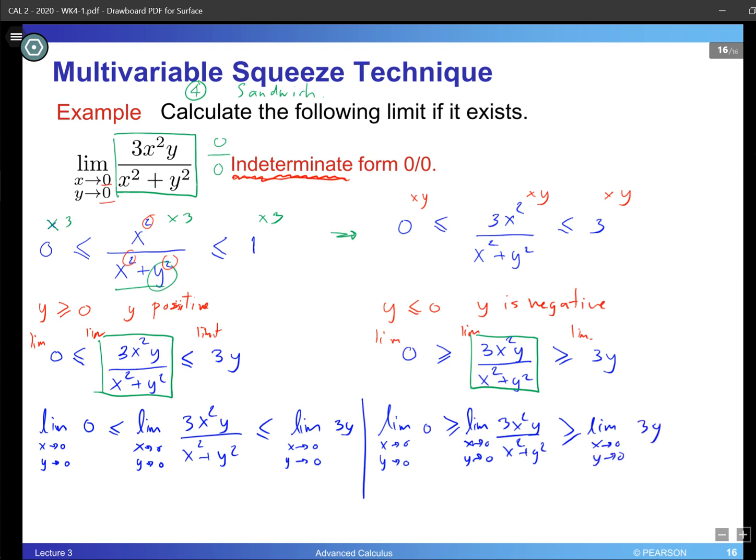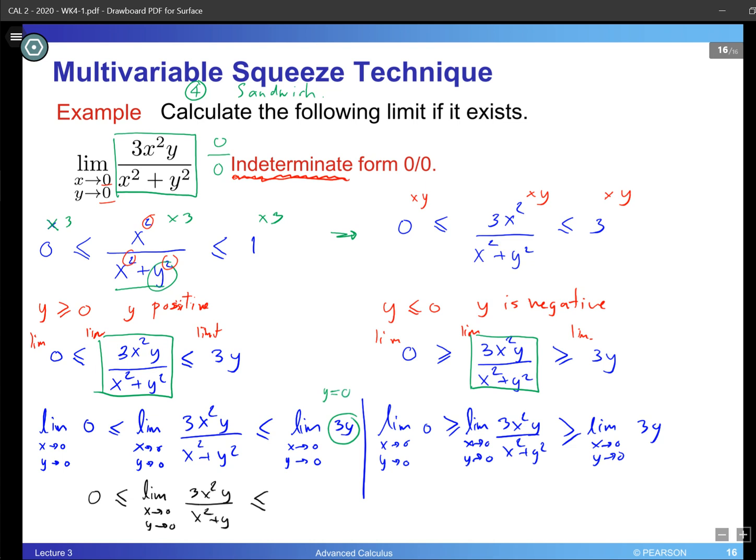Now let's work these out. The limit of 0 when x goes to 0 and y goes to 0, of course we are going to get 0 out of that. Okay, so we have 0 right here. Less than or equal to the middle, we leave it the way it was. So the limit as x goes to 0 and y goes to 0 of 3x squared y divided by x squared plus y squared, less than or equal to. We are looking at this term when y goes to 0.